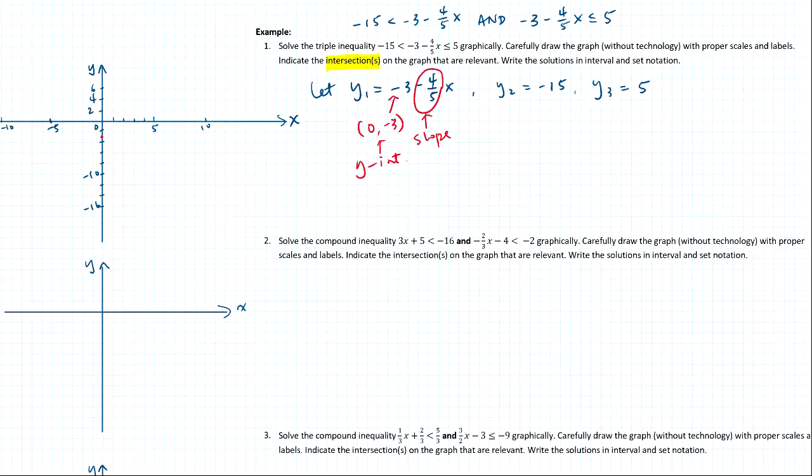And then we have the slope, negative 4 over 5. That means every time I go down 4, meaning the rise is negative 4, I should go over to the right by 5. So you can see that's where labeling every 5 is particularly helpful as well. If we go down by 4 starting from (0, negative 3), we would go 1, 2 boxes down and 5 units to the right over here.